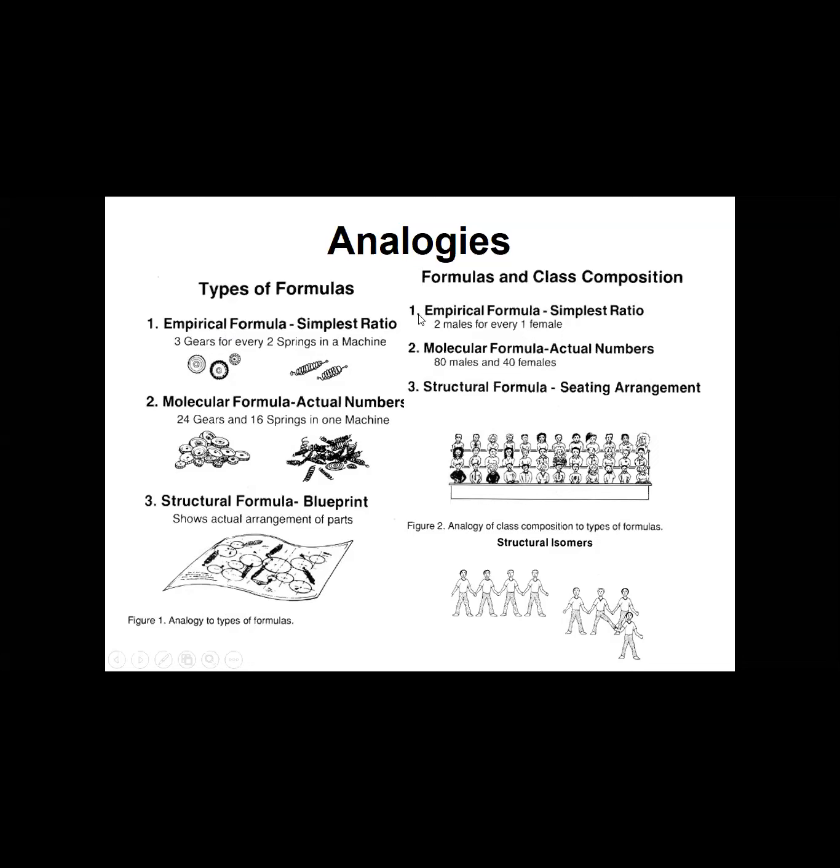For class, 2 males for every 1 female. Molecular formula, the actual number in one machine: there are 24 gears for every 16 springs. If you simplify this, that's your empirical formula. Here in class, there are 80 males for every 40 females. And the structural formula is how your gears and springs are arranged, the blueprint. In a class, that's the seating arrangement.